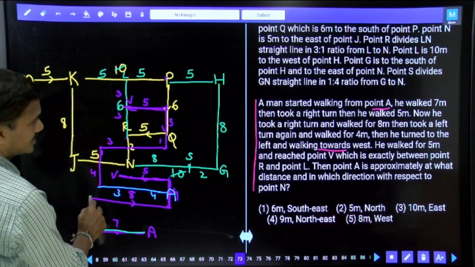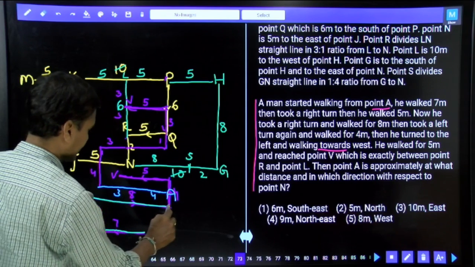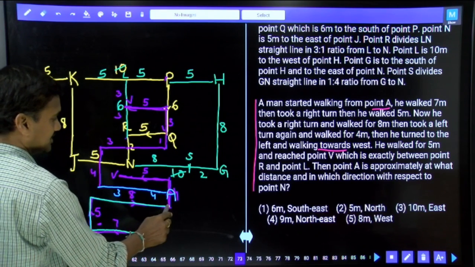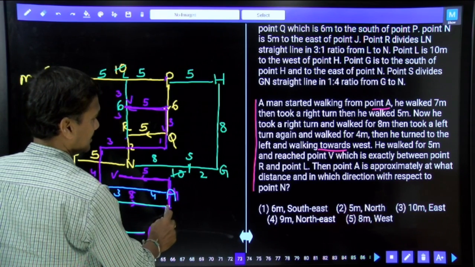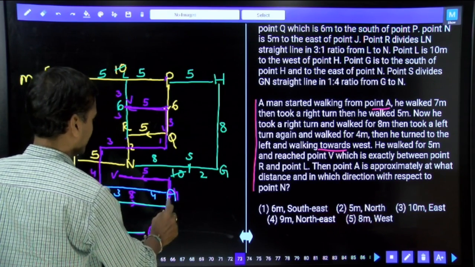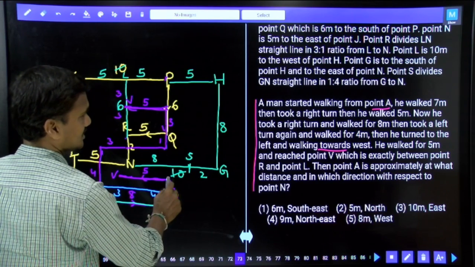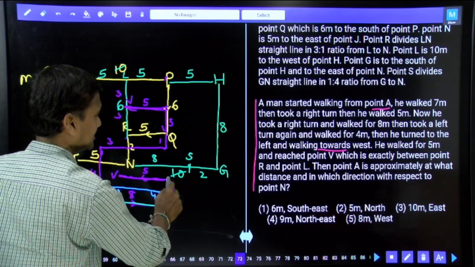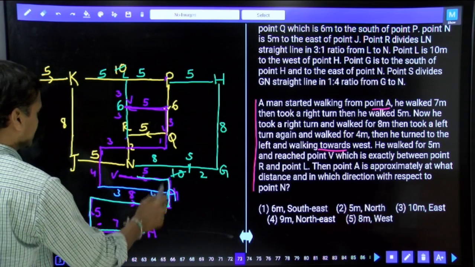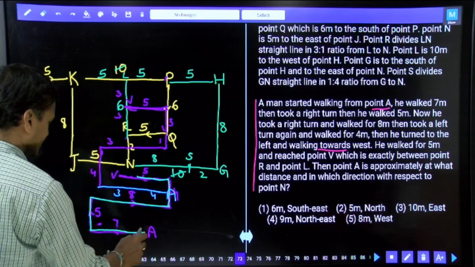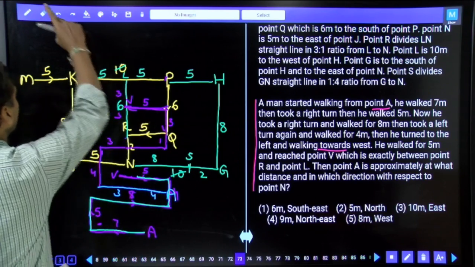Then he took a right turn and walked for 8 meters. And after this 7, only 1 is left over. And then he took a left turn again and walked for 4 meters. This is left hand, walked for 4 meters. Then afterwards he turned to the left and walked towards west, isn't it? Towards west.